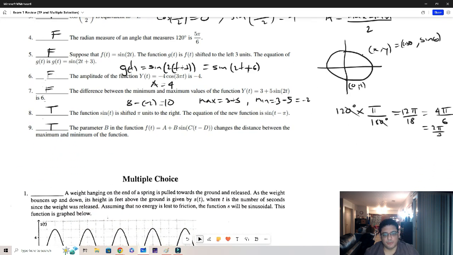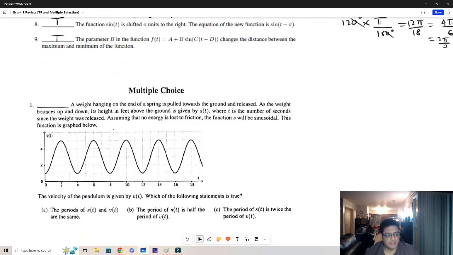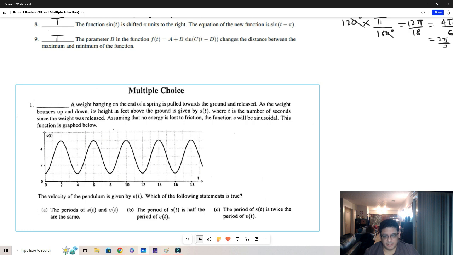Now let's go for some multiple choice questions. So the first question says a weight is hanging on the end of a spring and is pulled towards the ground and released. As the weight bounces up and down, its height in feet above the ground is given by S of t, where t is the number of seconds since the weight was released.